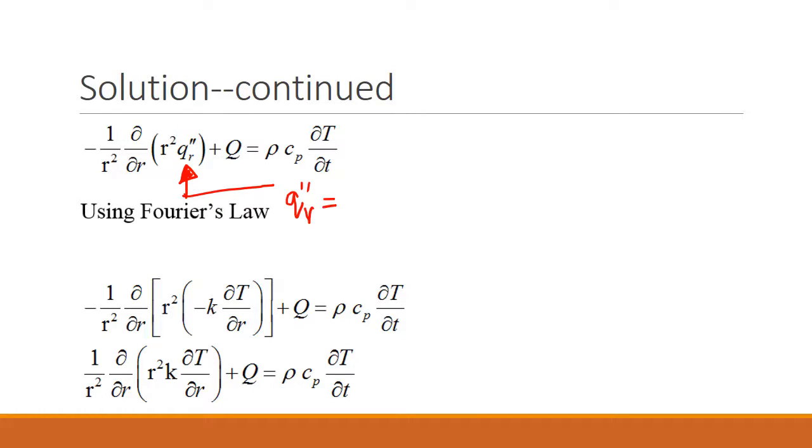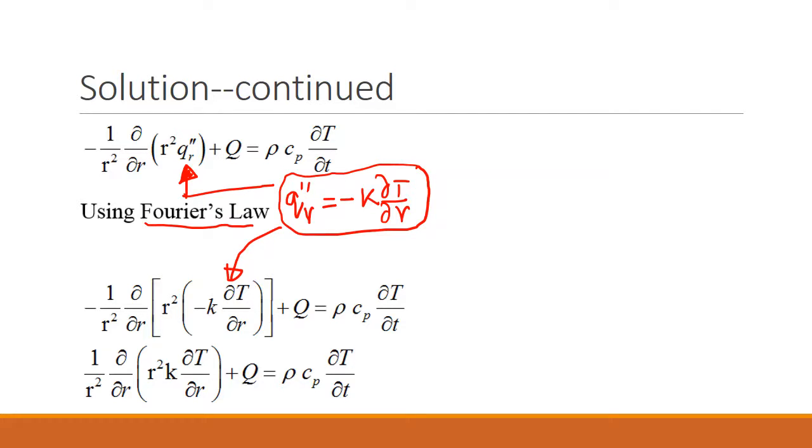The flux q_r double prime is minus k dT/dr. This is my Fourier's law, and I simply need to substitute that to get this one. Everything else is the same, and the signs cancel each other to get this term here. q stays the same, and the right hand side stays the same.